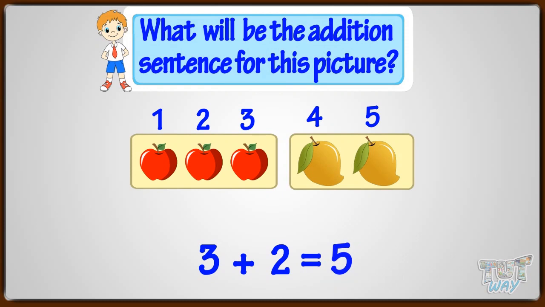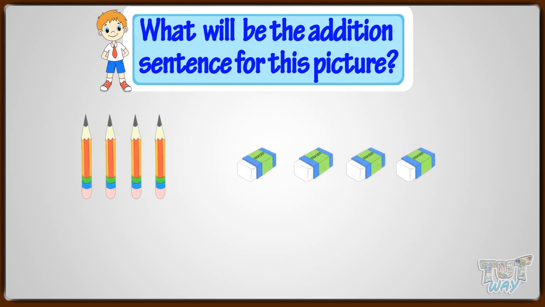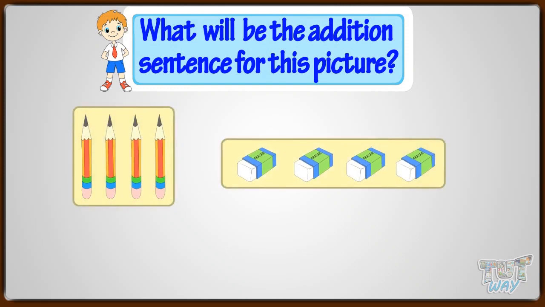Let's take another example. What will be the addition sentence for this picture? There are 4 pencils and 4 erasers. So first write 4 plus 4. Now, count the total number of things.